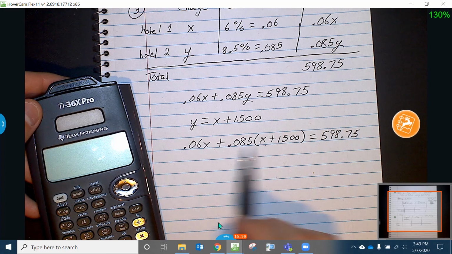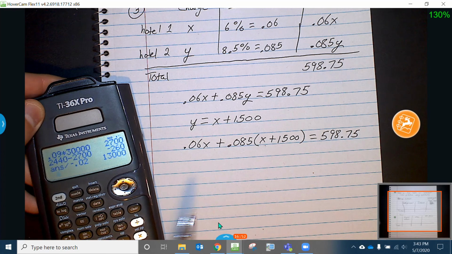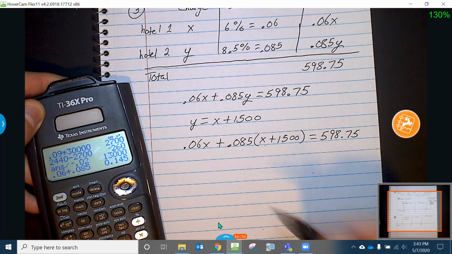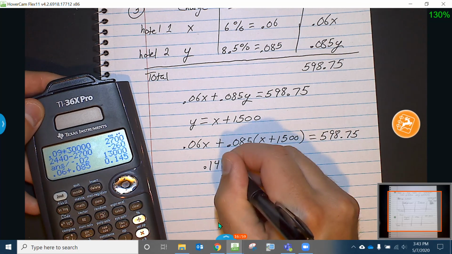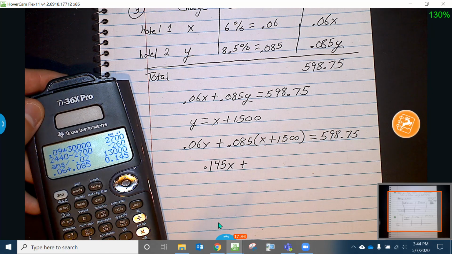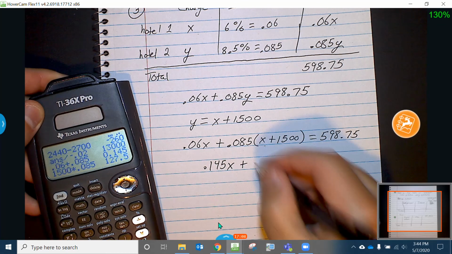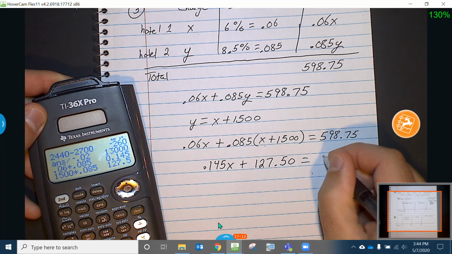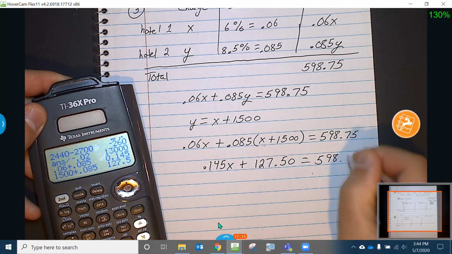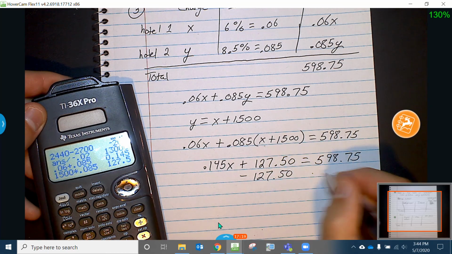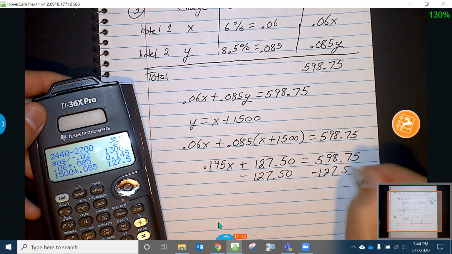So I'm going to add these together: 0.06 plus 0.085, I get 0.145x plus 0.085 times 1,500 is 127.50, equals 598.75. So we're going to subtract 127.50 from both sides.